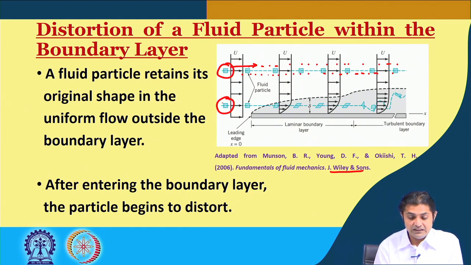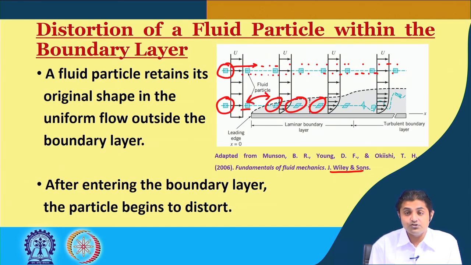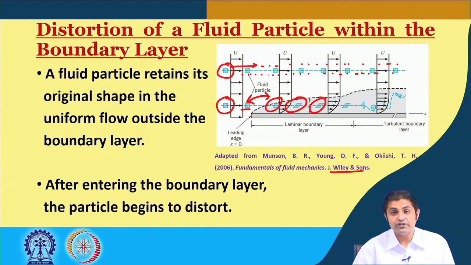However, this particle here, after entering the boundary layer, begins to distort, as you can see. It distorts more, depending upon the velocity gradient, but there definitely is a distortion as soon as it enters the boundary layer.